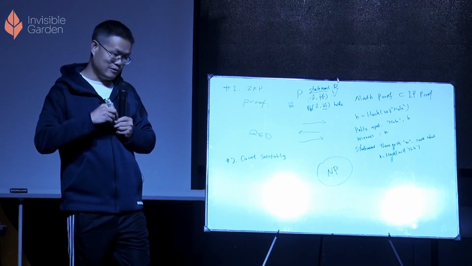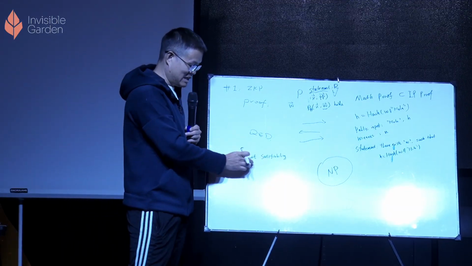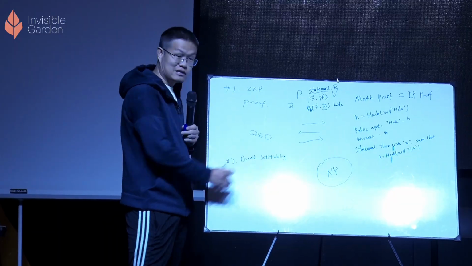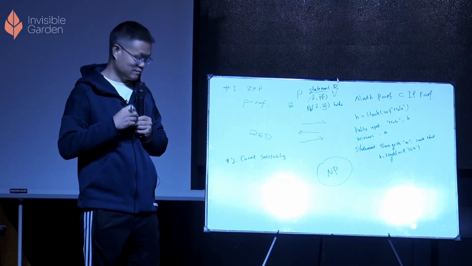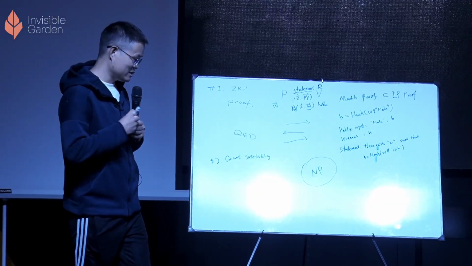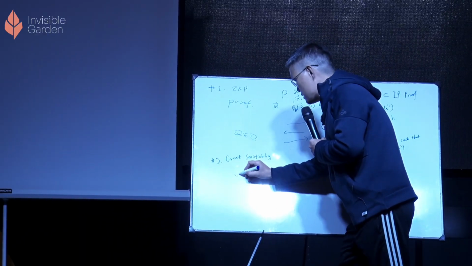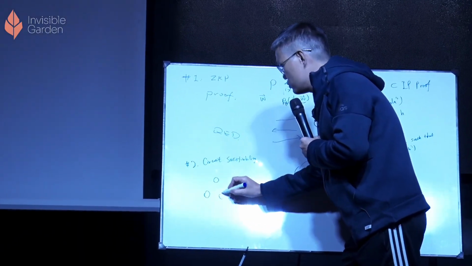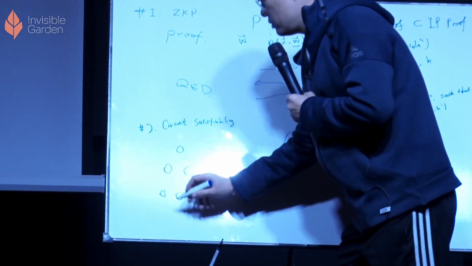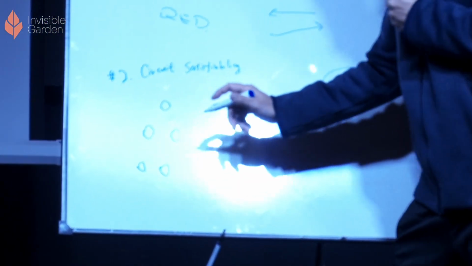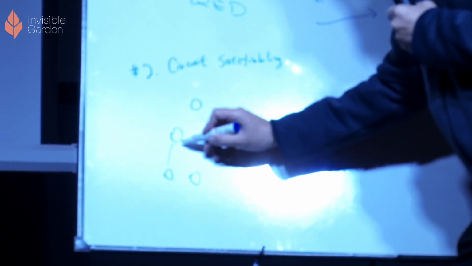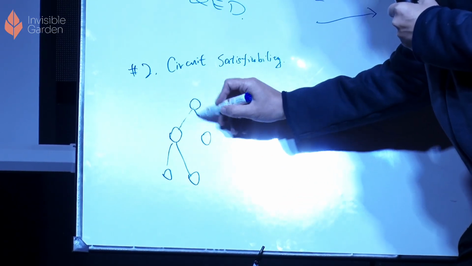Maybe you are confused about what exactly circuit satisfiability is. I will give you an explanation. What is a circuit? A circuit looks simple. We have many gates, and between gates we have wires.